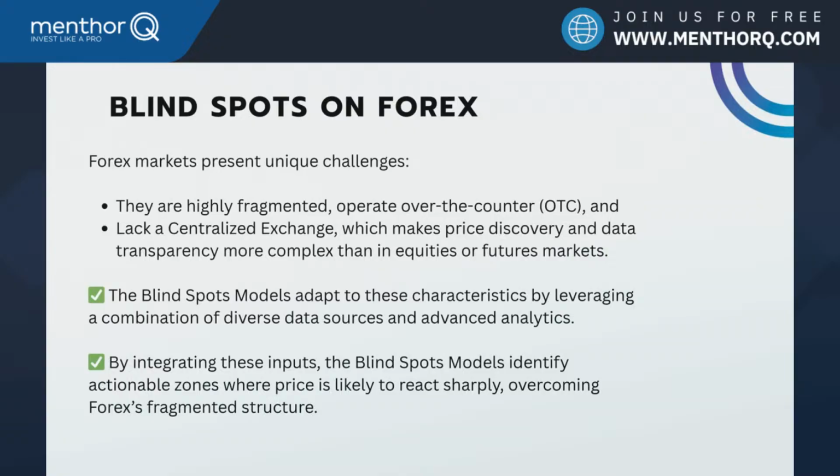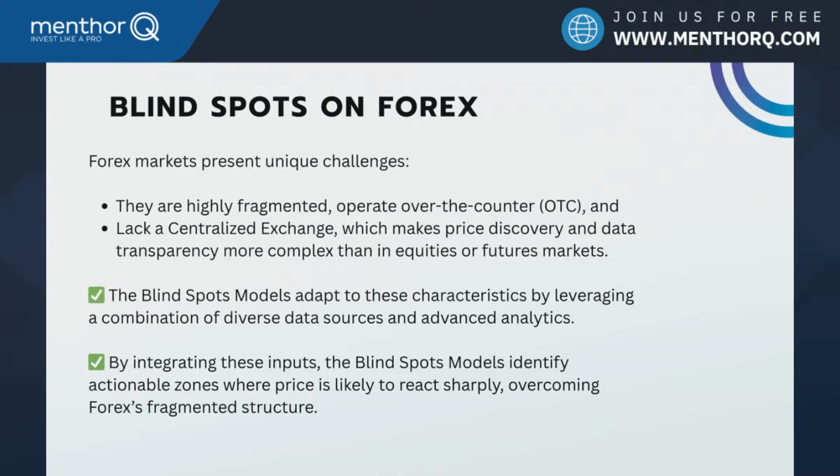And of course, cross-asset correlation is specifically valuable in Forex, because currency pairs are really linked through economic relationships and global capital flow. So we can derive a lot of interesting correlation from the Forex world, and by integrating these inputs in our blind spot model, we can identify actionable zones where the price would be likely to react.